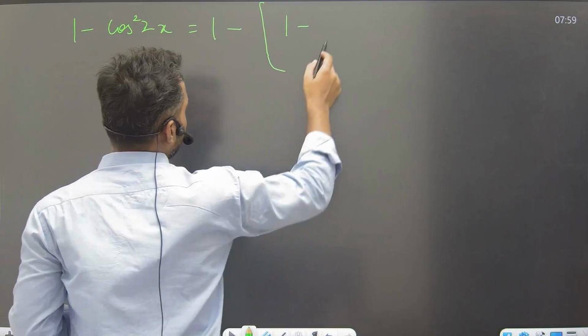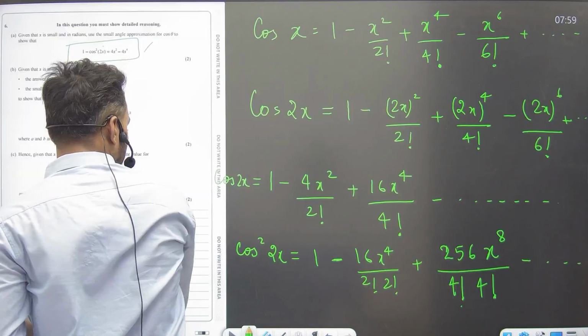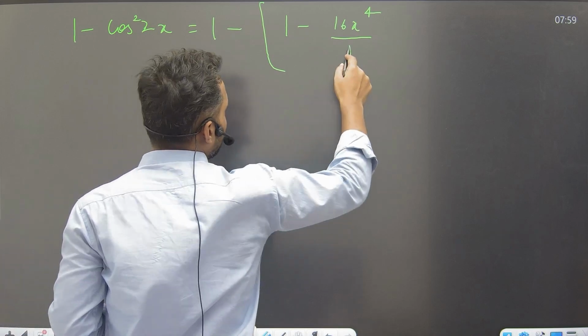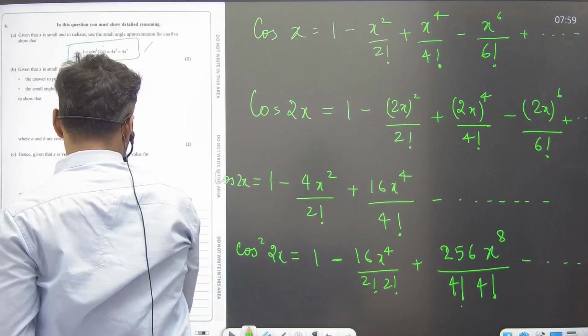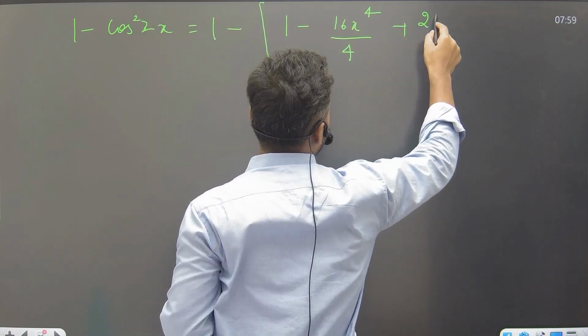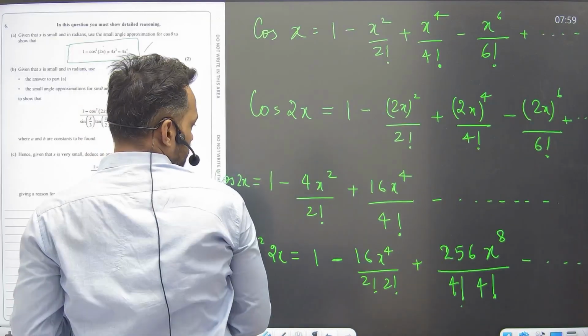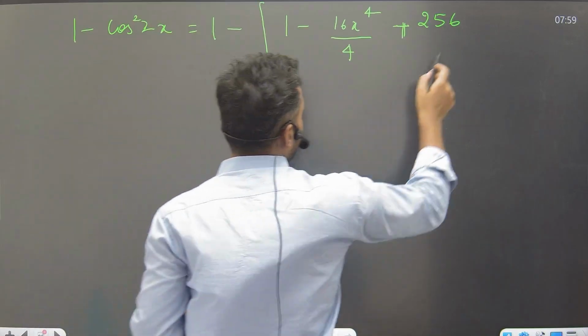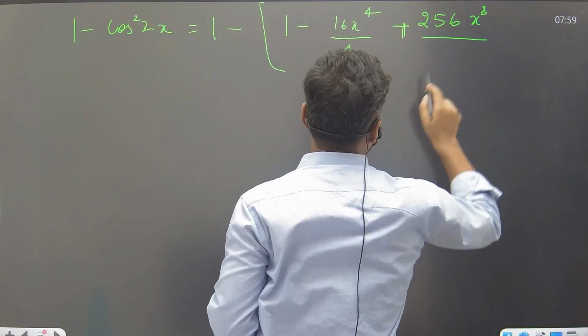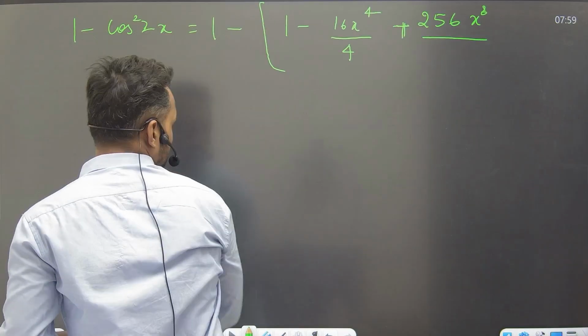16x to the power 4 upon 2 factorial into 2 factorial, that will be equal to 4, plus 256 x raised to the power 8 upon 4 factorial into 4 factorial.